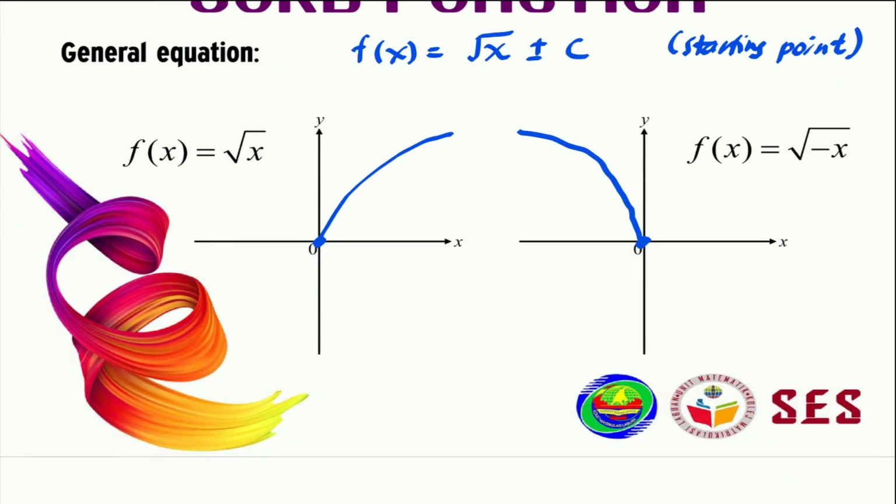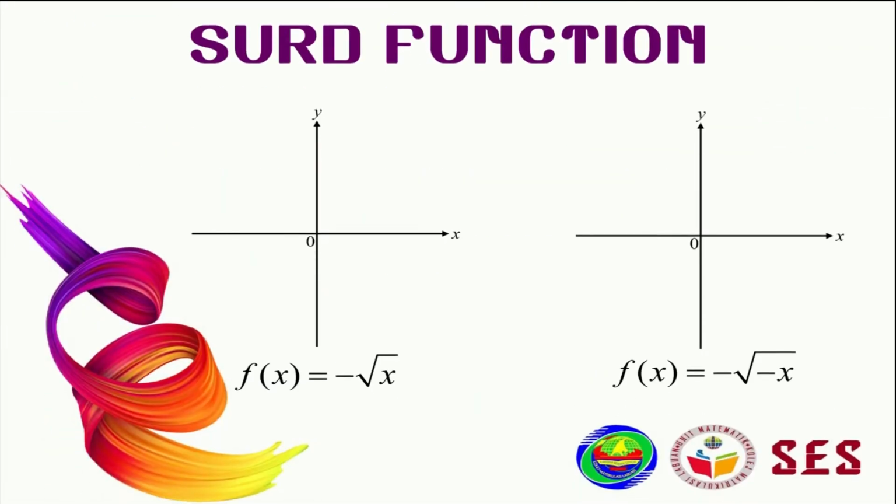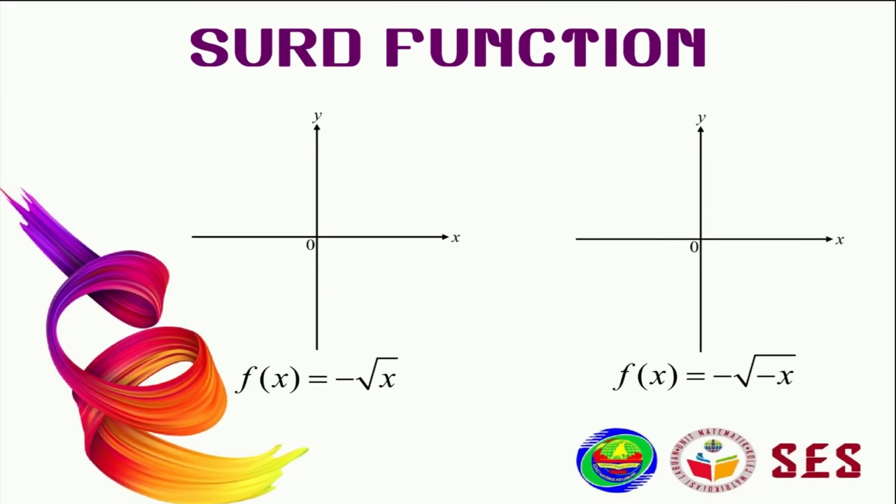Next, we have f(x) equals negative square root of x. The negative is in front of the square root sign, so we have the same starting point, but the graph is in the fourth quadrant. And last but not least, we have negative of the square root of negative x. The graph is in the third quadrant with the same starting point.